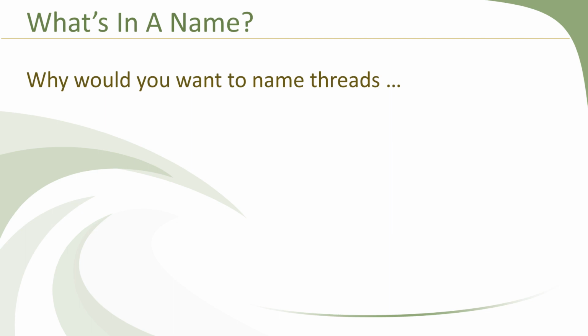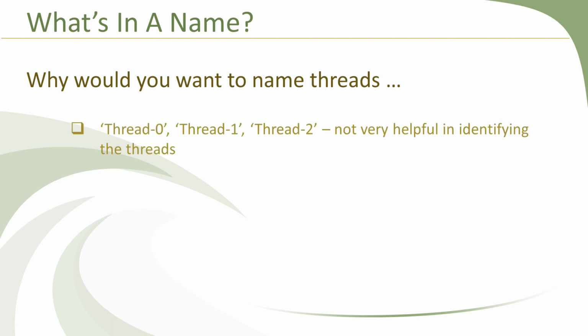Why name threads, you ask? The answer is very simple. By default, the JDK composes the thread names by using the word thread and a sequence number. So the thread names become thread 0, thread 1, thread 2, etc. These names are not very descriptive when you look at them in a debugger or in the logs.